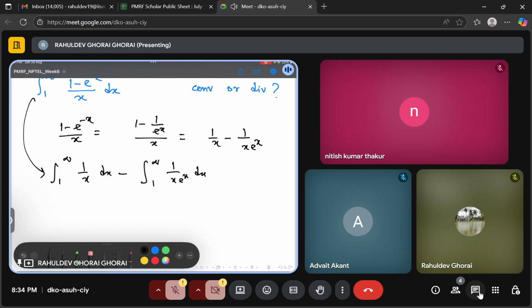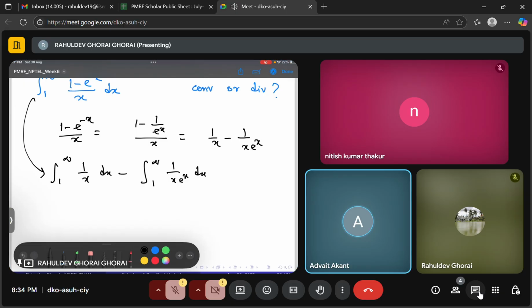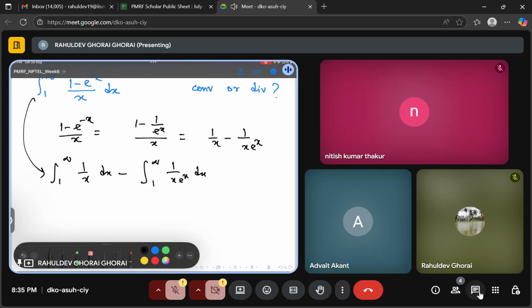And what do you know about the integral from 1 to infinity of 1 by x dx? Divergence. Because 1 by x to the power p converges only when p is strictly greater than 1, right?